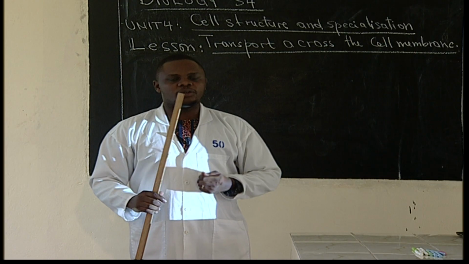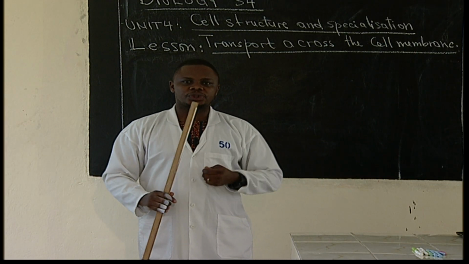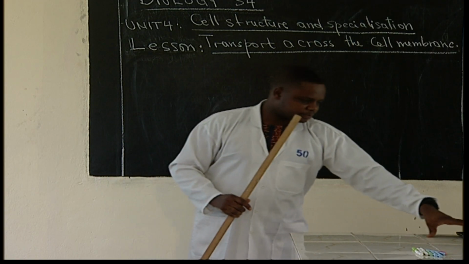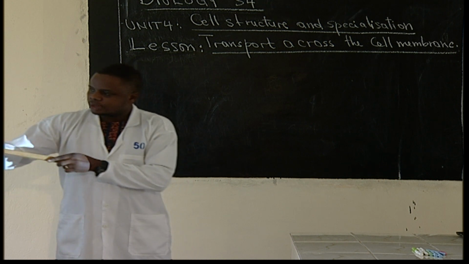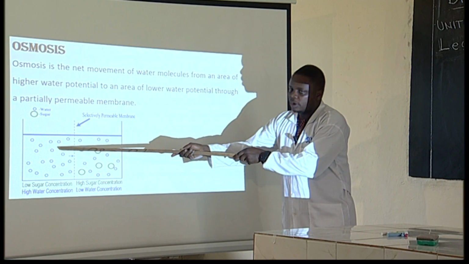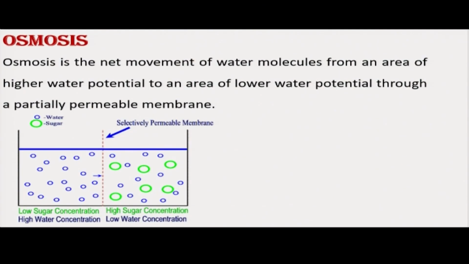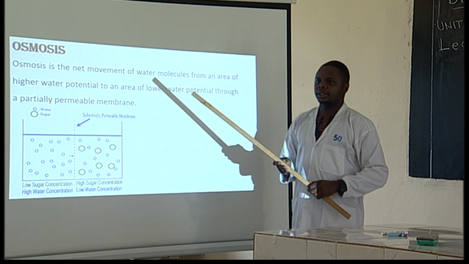The movement of water molecules from the region of high concentration to the region of low concentration. This is the diagram which is showing osmosis. These blue small particles are water particles, and the green ones are sugar particles. In between, we have a selectively permeable membrane.